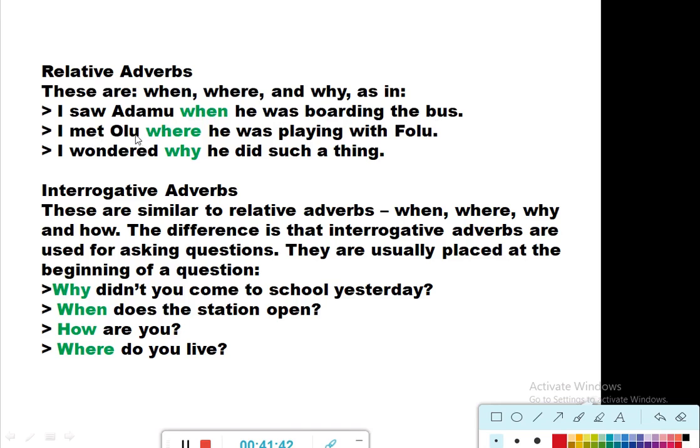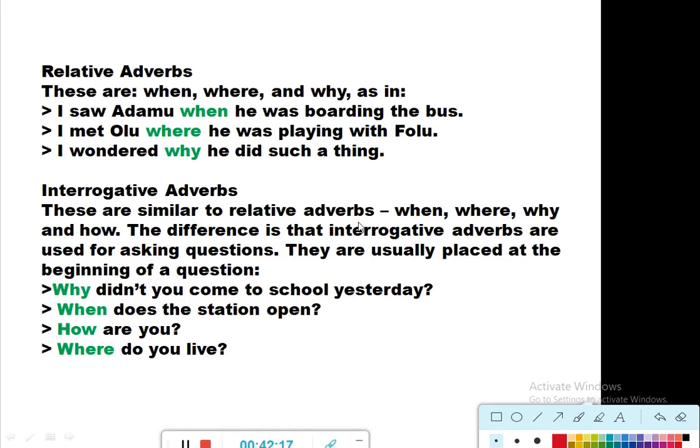So here, I met Olu where he was playing with Folu. Where he was playing with Folu is an adjectival or relative clause. I wondered why he did such a thing. Why he did such a thing is a relative clause. So normally a relative adverb begins a relative clause.